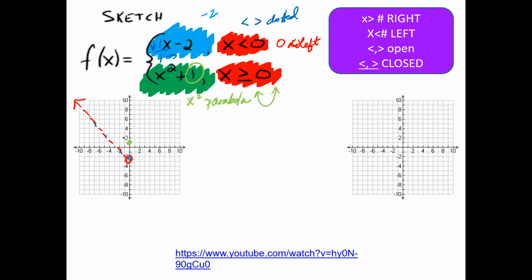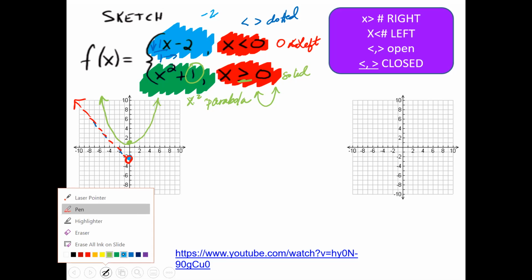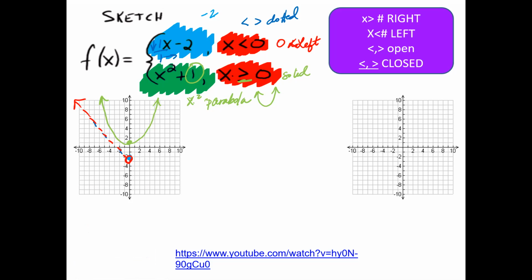Okay, so at 1, you're going to draw yourself a smiley face. But notice that there's an equal sign right here, so it's going to be a solid smiley face, not a dotted. And also notice that it's greater than 0, so at 0, you're only going to use the right side of this. So solid dot, right side.